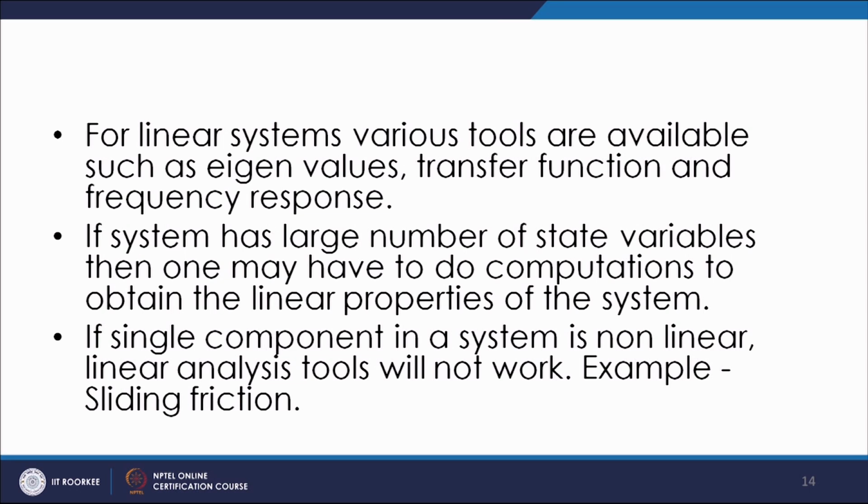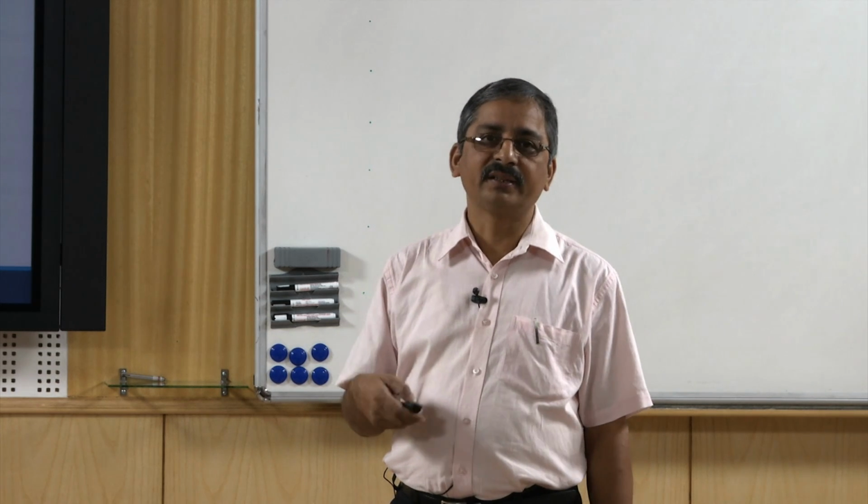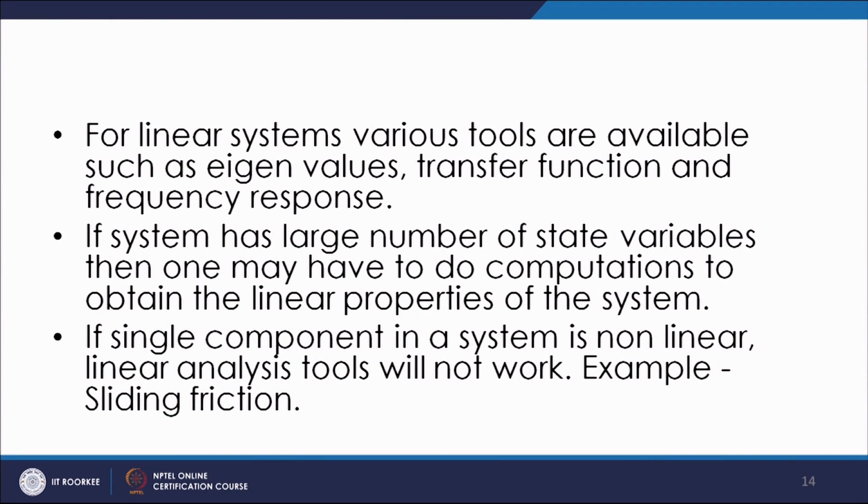With the help of these tools we can analyze the linear system, and if the system has a large number of state variables, then naturally we can no longer go for hand computation; we have to take help of some computational device to obtain the linear properties of the system.